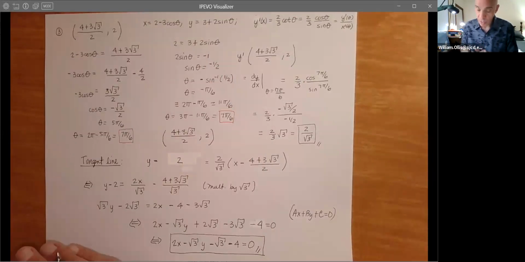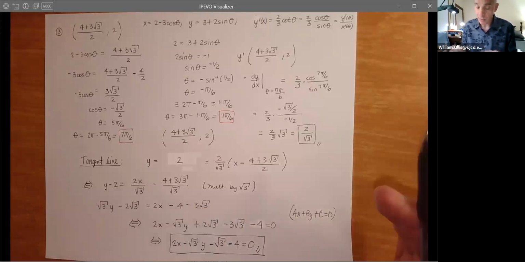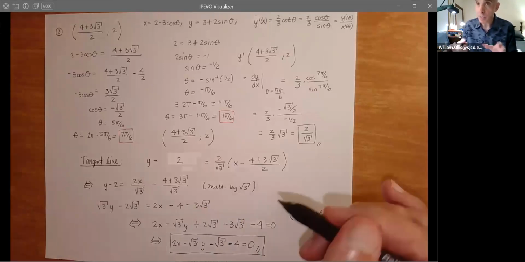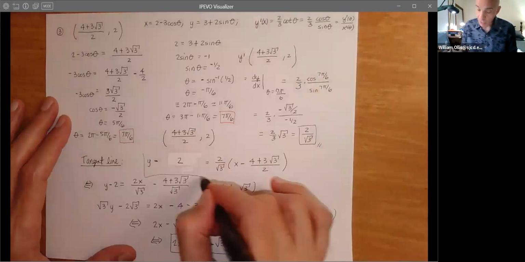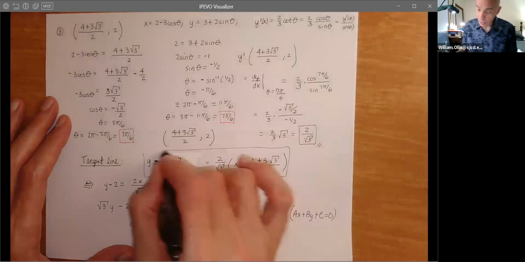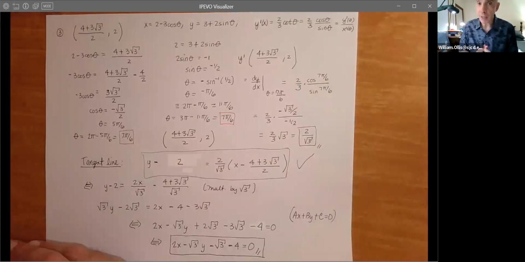And of course, you could just leave it like this if you want. As you work on the test, if you don't want to clean things up, as long as it's a correct response, WebAssign would look at that and give you a nice green check. So I simplified this just to make it look better, but WebAssign is scanning it for an equivalent response to a correct response.